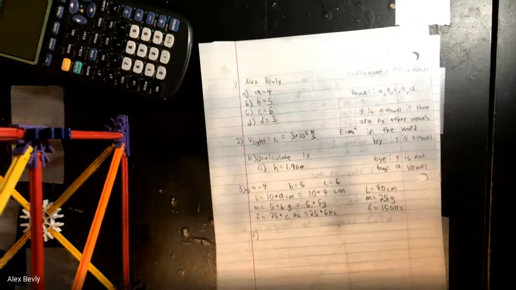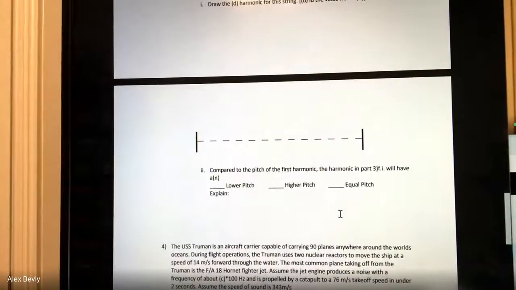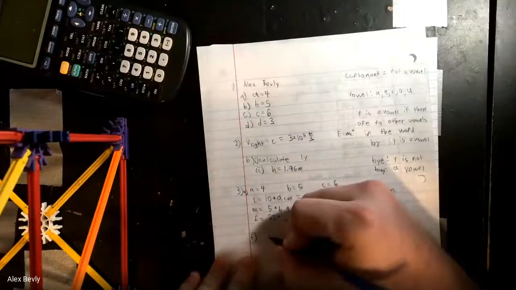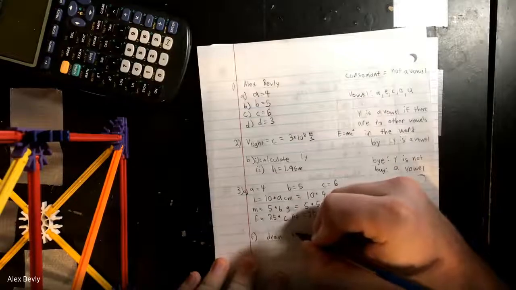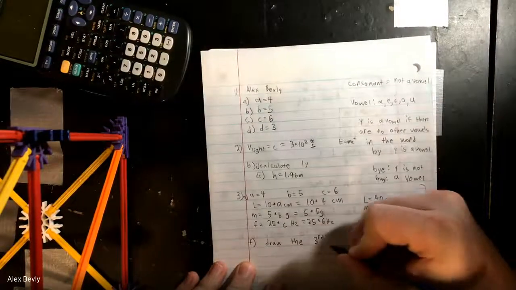So 3F says draw the D harmonic for the string, and D is the value from 1D. So I'm going to draw, well, D for me is 3, so I'm going to draw the third harmonic.